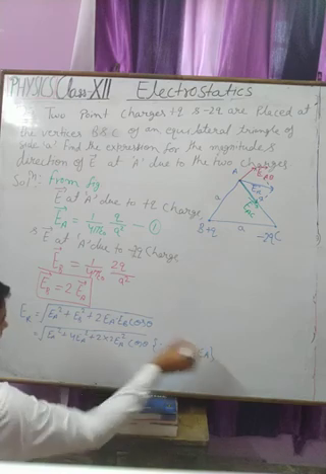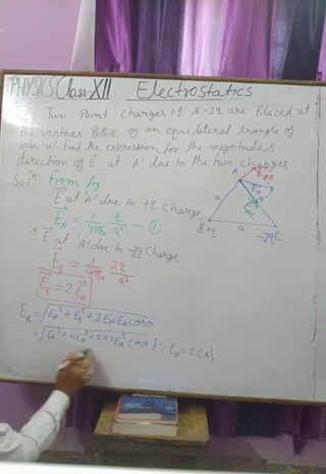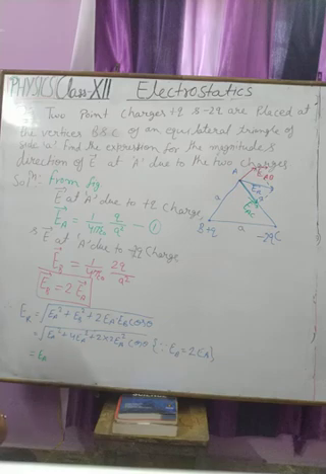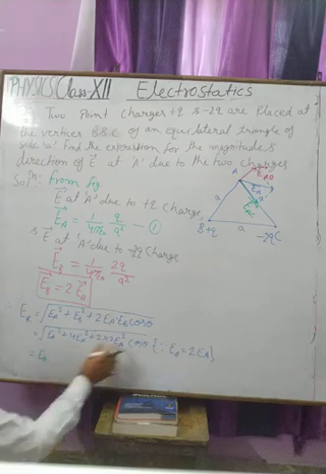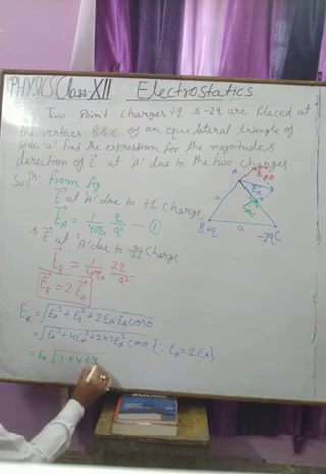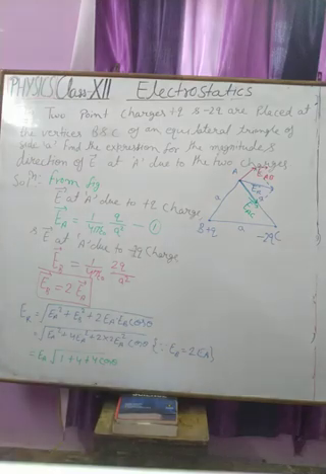Okay, student? Now EA square is common, and we have in the square root 1 plus 4 plus 4 cos theta. Now we are finding the value of angle theta.